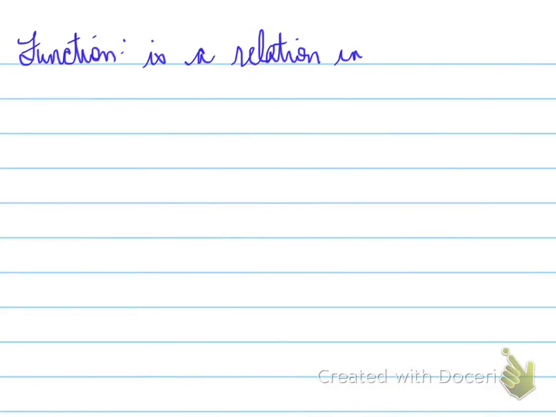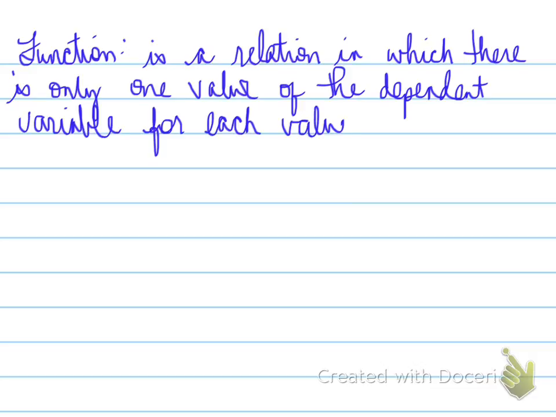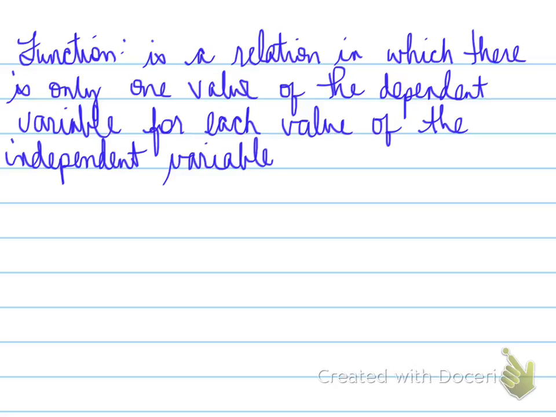Okay, next definition is a function. What is a function? A function is a relation in which there is only one value of the dependent variable for each value of the independent variable. Basically, what we're looking at here is the formal definition of a function.